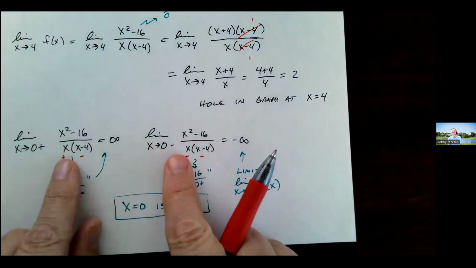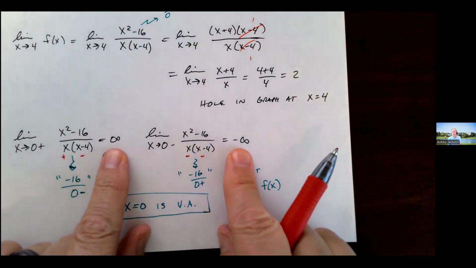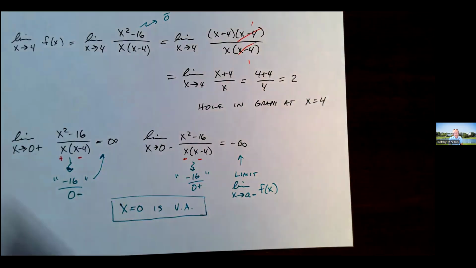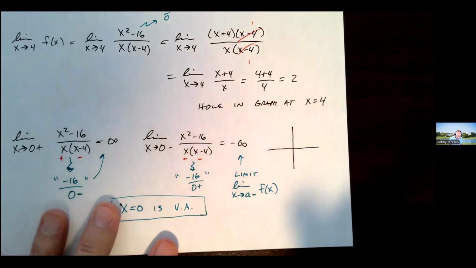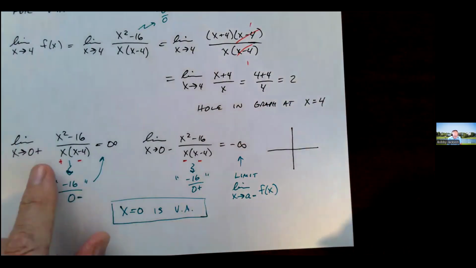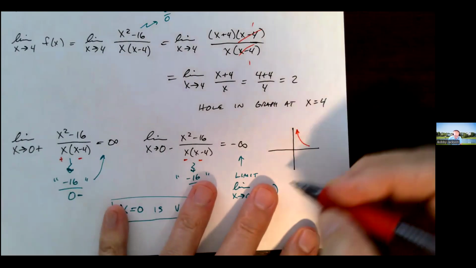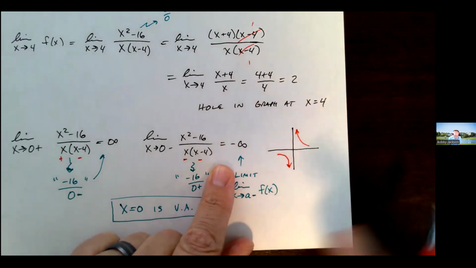Again, you can look at these limits numerically or graphically, that will help, but you do need to determine the behavior. Basically, if we were looking at the graph of this function at 0, which is on the y-axis, then as x approaches 0 from the positive side, we're going up to positive infinity. As we approach 0 from the negative side, we're going to negative infinity.